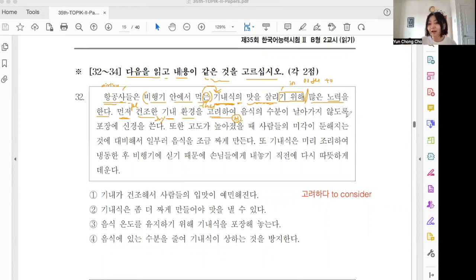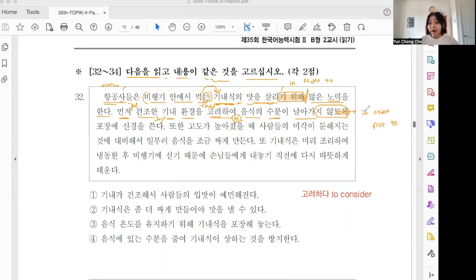음식의 수분이 날아가지 않도록, this is also an expression. 기 위해, 도록 is the same thing, in order to. But we have 안, which is negation, 지 않도록. So this means in order not to.